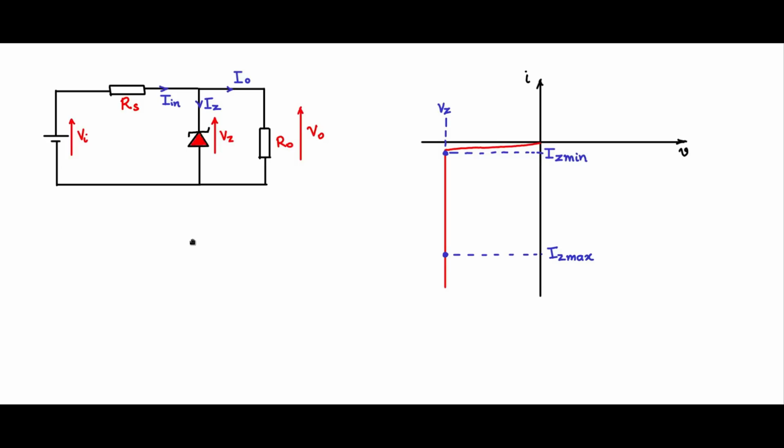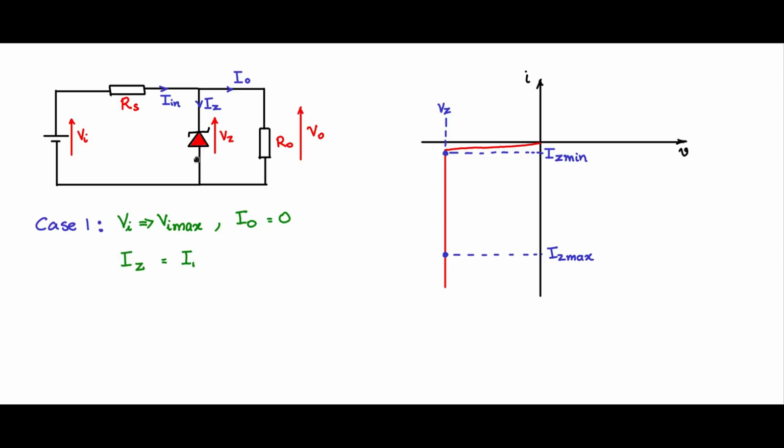Consider now a few operational cases. Let us say case 1. Here Vi is at its max value, Vi max, and let us say I0 is 0, which means it is open circuited. Then the entire In current flows through the Zener.